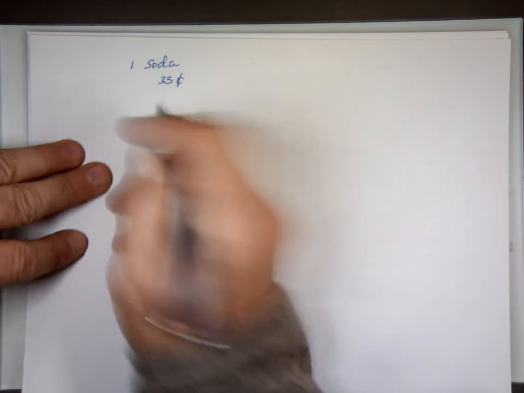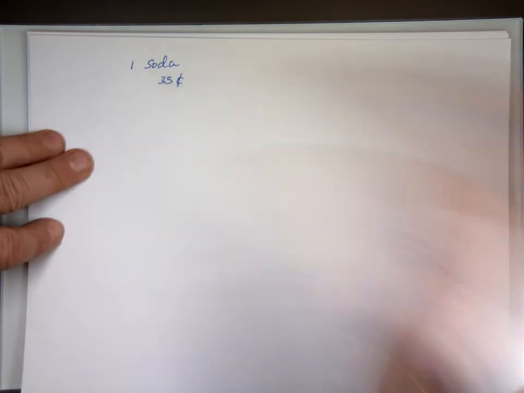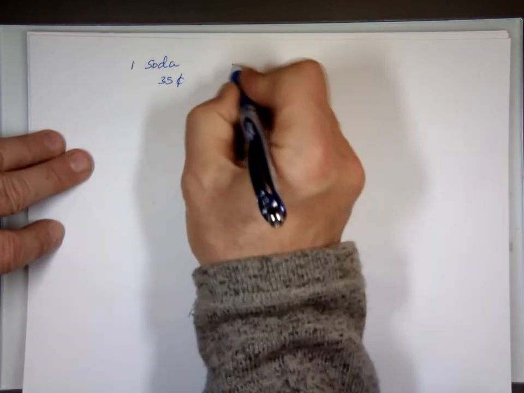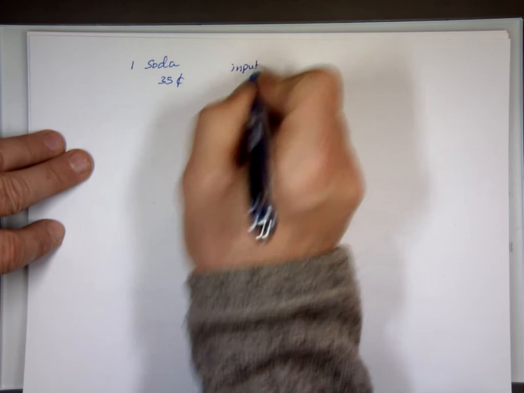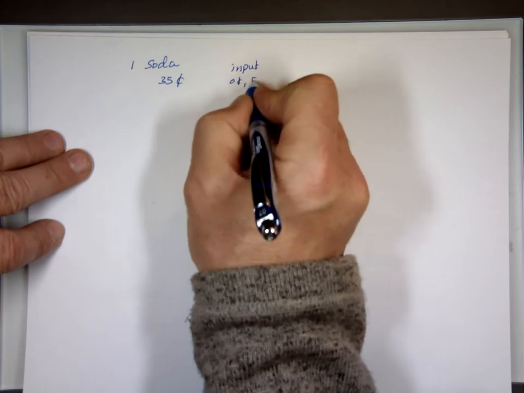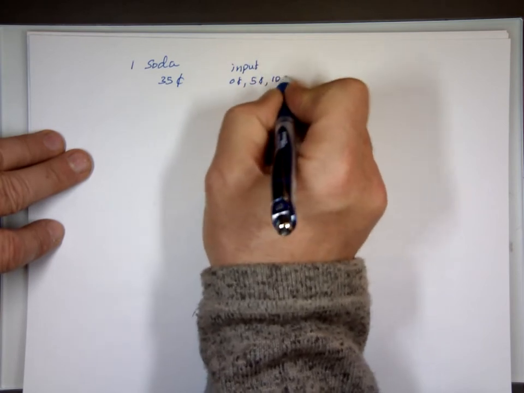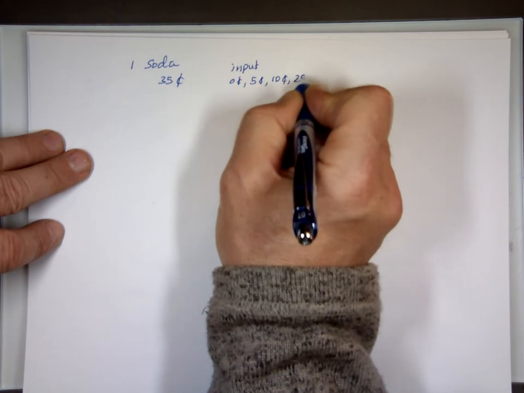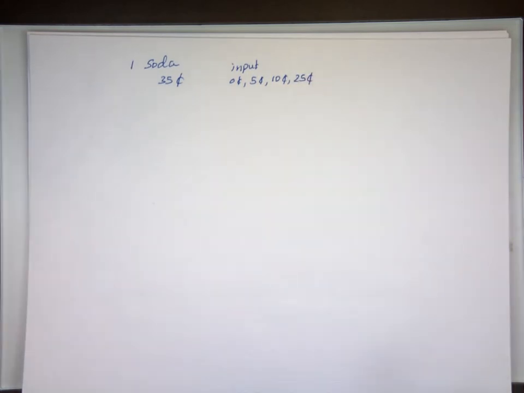Your input: 0 cents, nothing, 5 cents, 10 cents, 25, no 50, no dollars, nothing. If you just tackle that, well, I don't want to do it. Here we go. Watch this. This is the 0 cent state.